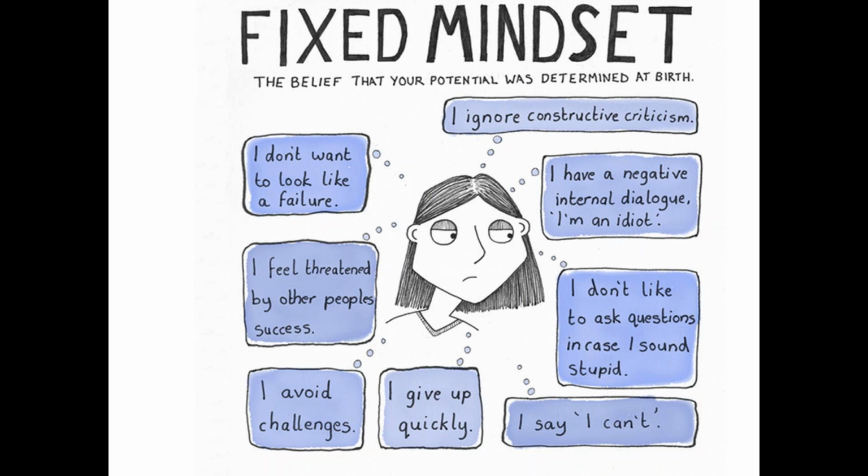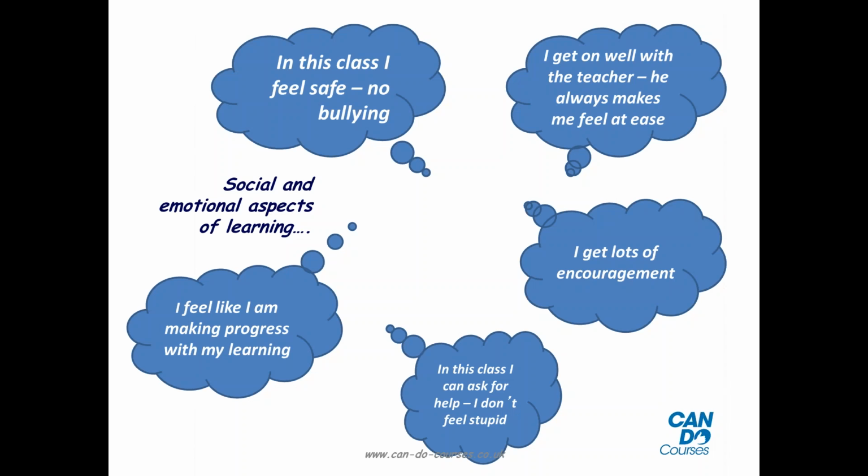They give up easily. They ignore negative feedback, thinking that it doesn't matter. So they don't look at how to change things because they're not going to do any better anyway. So this is a kind of emotional baggage around the learning experience. So there is a fixed mindset going on, and that is a factor that affects learning most definitely.